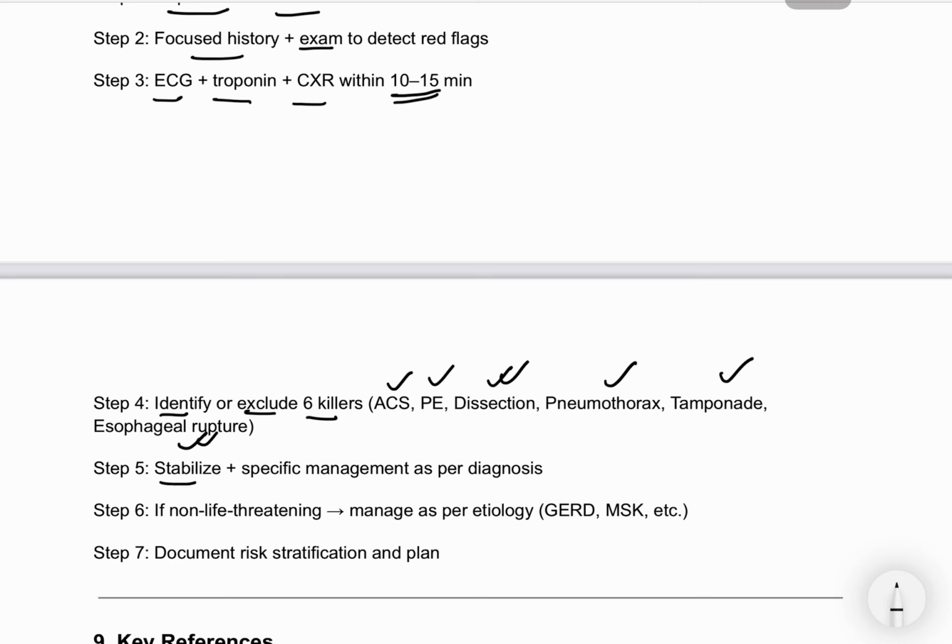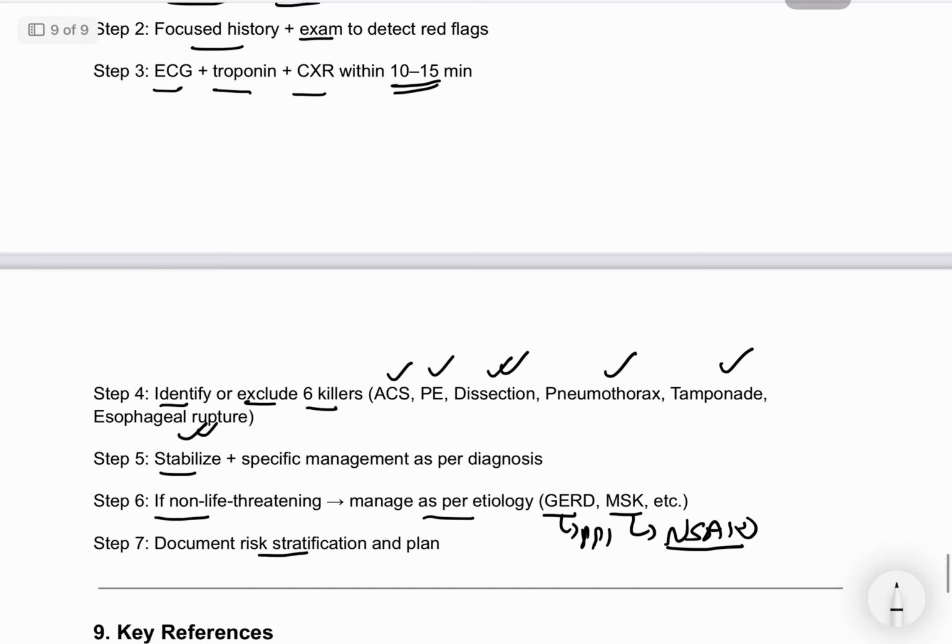Specific management as per diagnosis should be done, and if no life-threatening condition is identified, manage as per etiology. Like in GIT, we give PPI. In MSK pain, we give NSAID. Okay. Document risk stratification and plan what you need to do for the patient later.